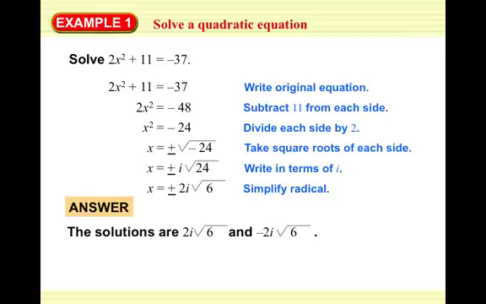So it would be plus or minus i, square root of 4 times square root of 6. Square root of 4 is 2, so we write it as plus or minus 2i square root of 6. So there's two solutions, 2i square root of 6 and negative 2i square root of 6. And again, you can write it just as plus minus 2i square root of 6.